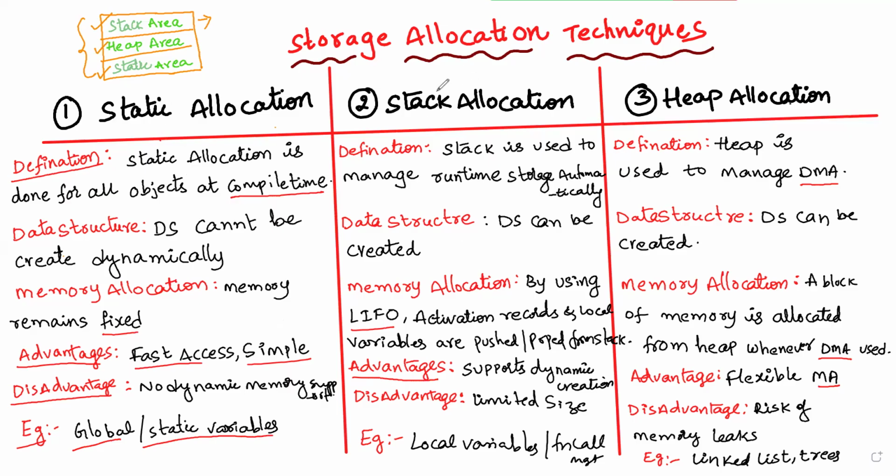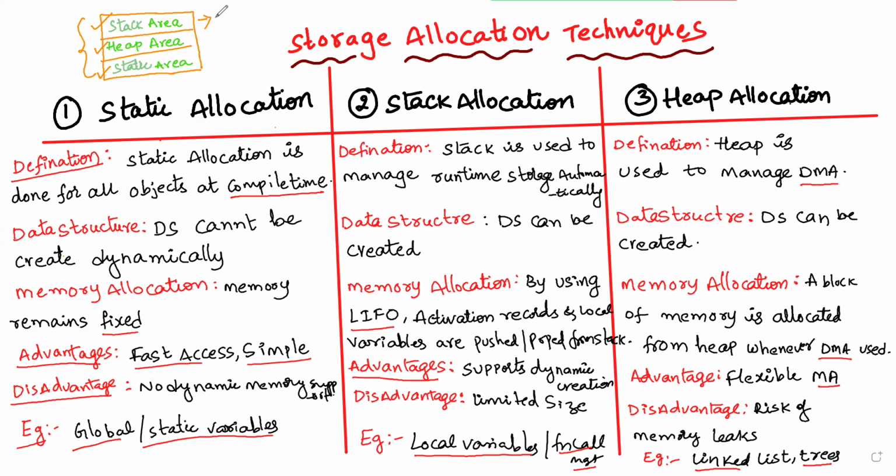But when you see stack allocation, local variables as well as function call management come under stack. Last one, heap allocation examples: linked lists and trees. Okay, so this data is enough to write in the exam.